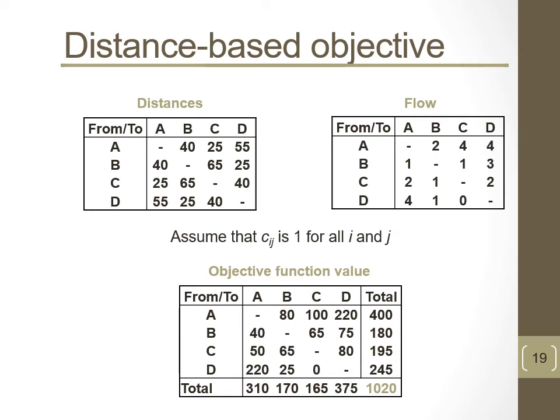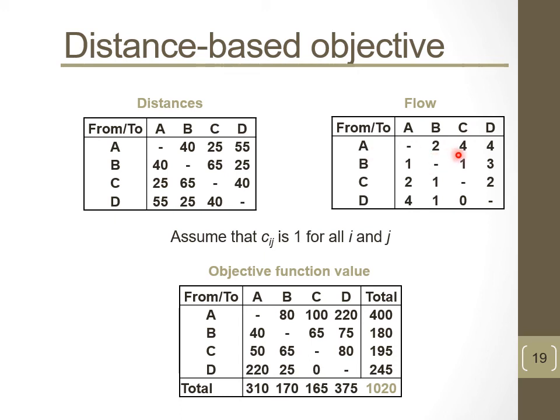Now the distances are given to us. We calculated the distances between the departments. The from-to chart is given to us. It's a part of the question, and it says that from A to B, the total flow is 2, but from B to A, the flow is 1. So you see, this is not symmetric.